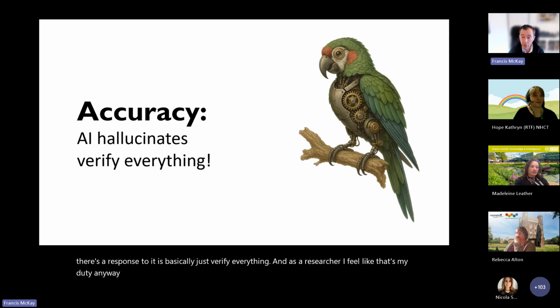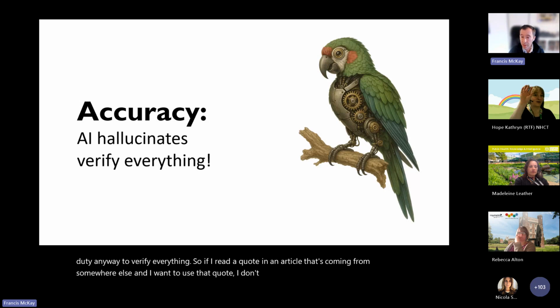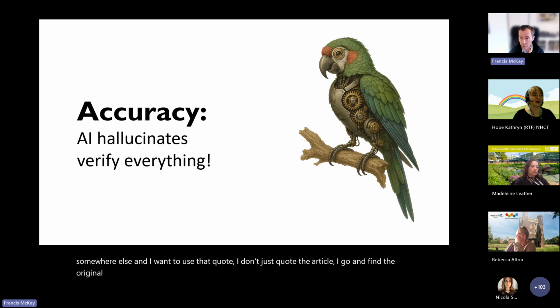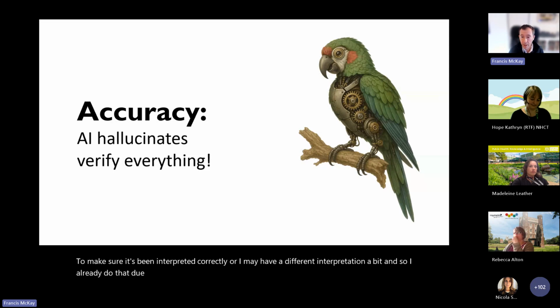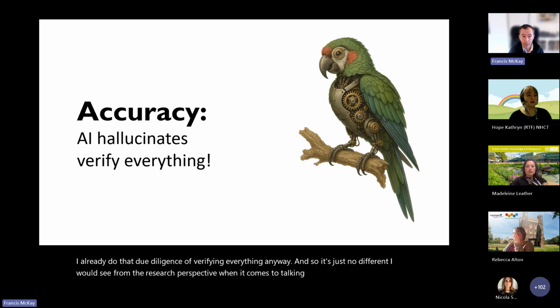So if I read a quote in an article that's coming from somewhere else and I want to use that quote, I don't just quote the article, I go and find the original source where the quote is from, and I read it to make sure the quote is correct, and I read the surrounding information to make sure it's been interpreted correctly, or I may have a different interpretation of it. So I already do that due diligence of verifying everything anyway. It's no different from a research perspective when it comes to AI. I would expect us all to do that anyway.